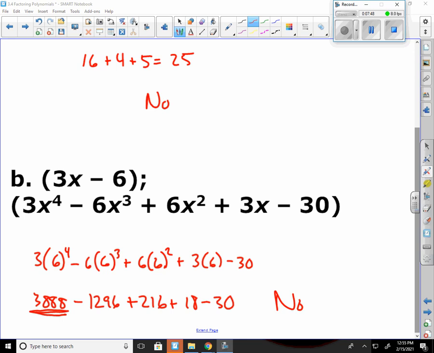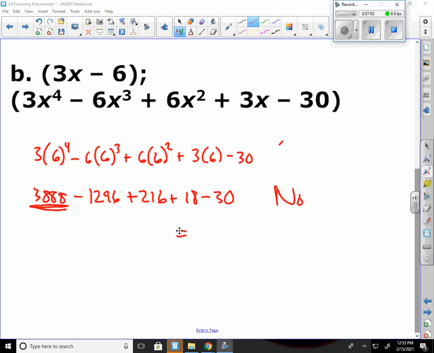So I can tell already that this is going to be a no. Unfortunately for you guys, because there's so much cheating going on, I'm going to make you actually solve it out. So 3888 minus 1296 plus 216 plus 18 minus 30 gives me 2796. So that's a no. So the remainder theorem is pretty simple.